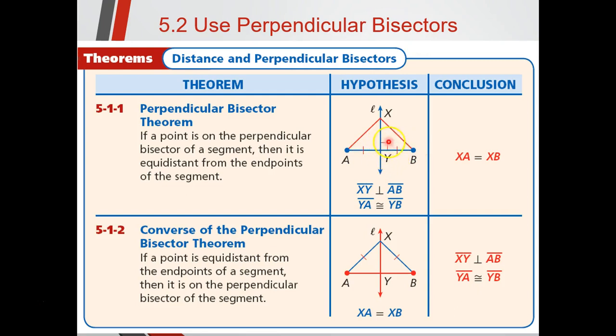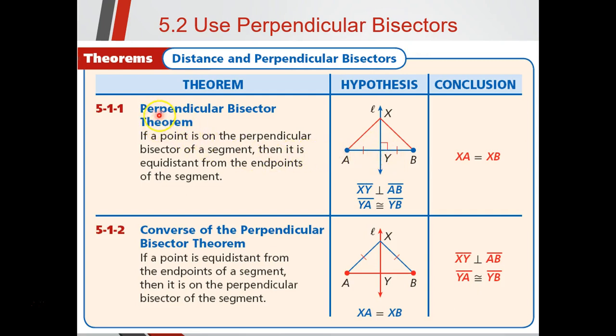And then we have this little right angle here showing that these two segments, AB and XY, are indeed perpendicular to each other. So that's where the perpendicular part comes from. But this right here tells us that AY and YB are congruent to each other. That means that this line right here cuts AB in half. It's the bisector. So that's where we come up with perpendicular bisector, a line that cuts another segment in half and it intersects it at a right angle.